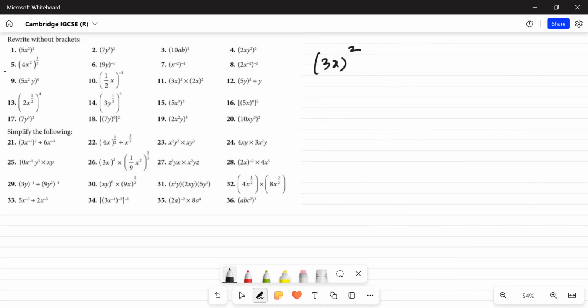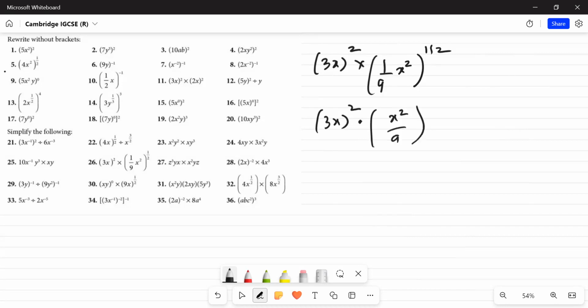(3x) the square multiplied by (1 upon 9 x square) raised to 1 upon 2. First thing first, can I write this (3x) the whole square as it is? I'm not doing anything. Multiplied by (x square upon 9) raised to 1 upon 2.